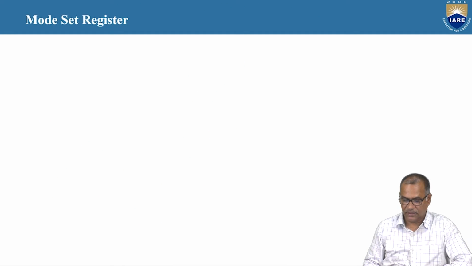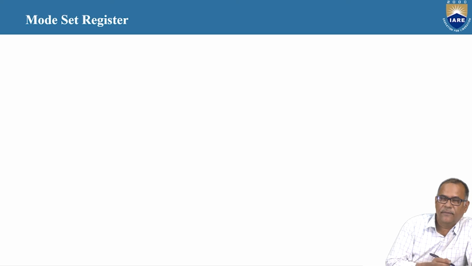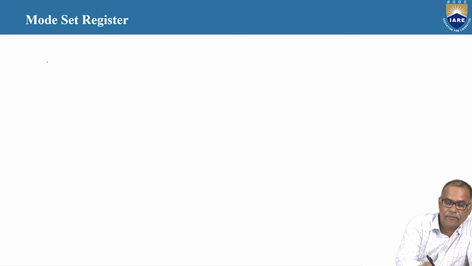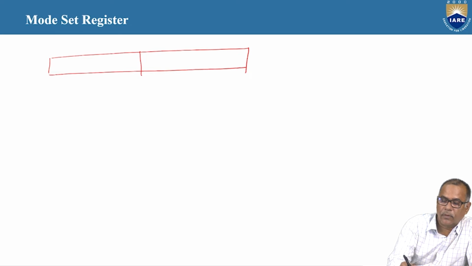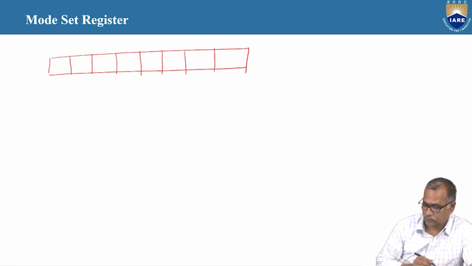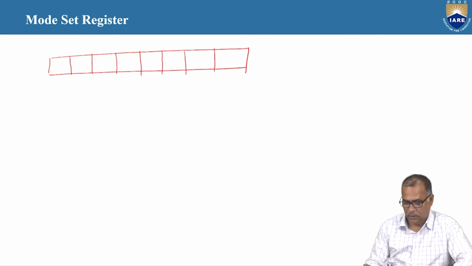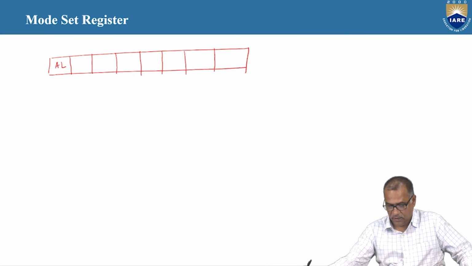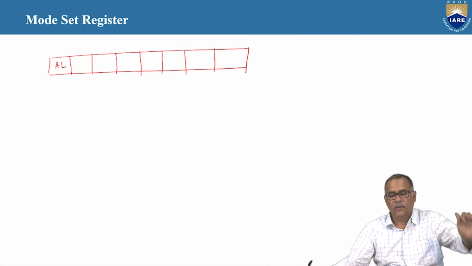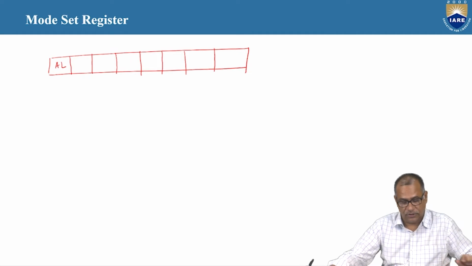And the mode set register format is like this. It is an 8-bit register. First one is AL. AL, if it is 1, enables auto reload.